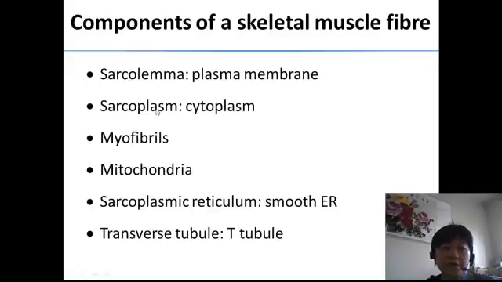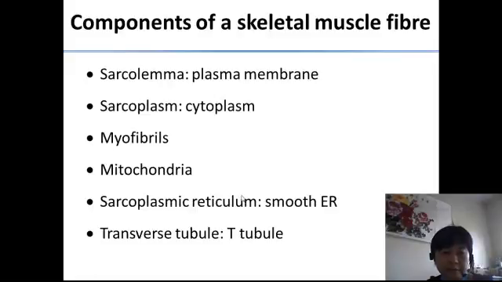The second is sarcoplasm, which is the cytoplasm, the fluid within the muscle. The next is myofibrils, the main structure where protein filaments are arranged. You also have mitochondria, which provide energy.